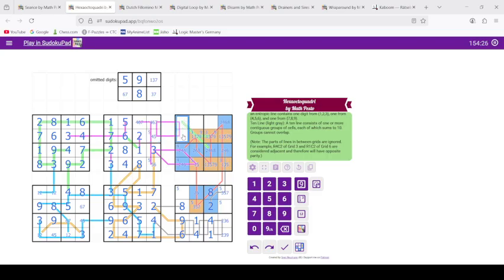Why is 6, 8 broken here? This digit would be the same as that digit. 2 or 4.